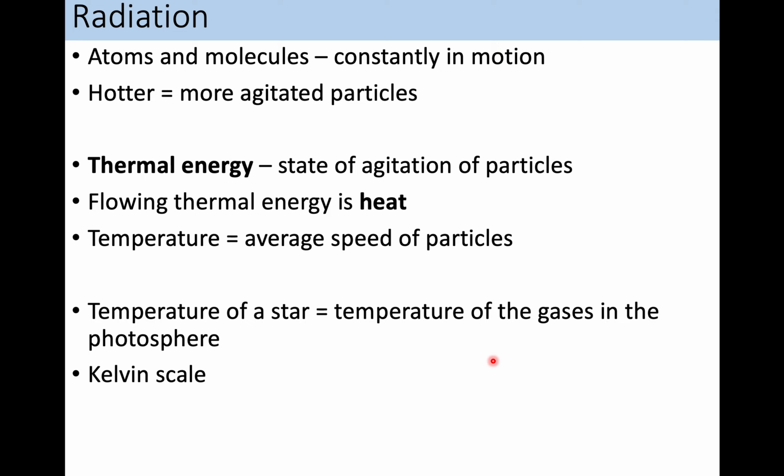So they are related, but they're all different. When we talk about the temperature of a star, we're only talking about the temperature of the gases in the photosphere, the surface of the star, because that's all that we can see. And we report temperature in the Kelvin scale.